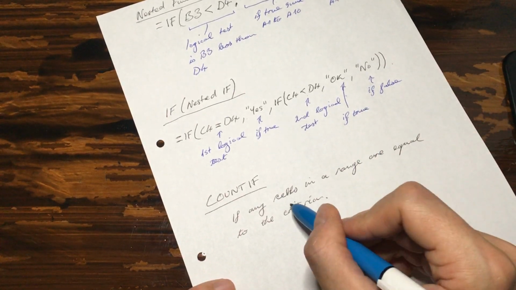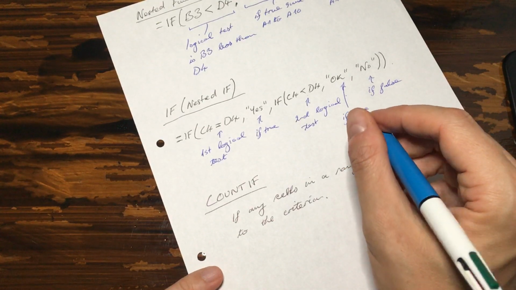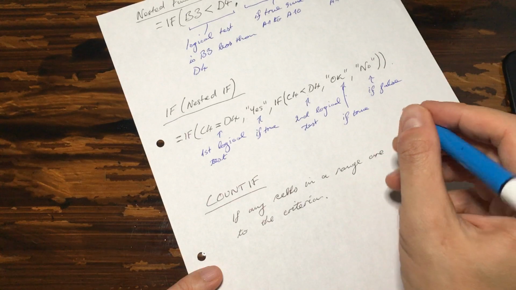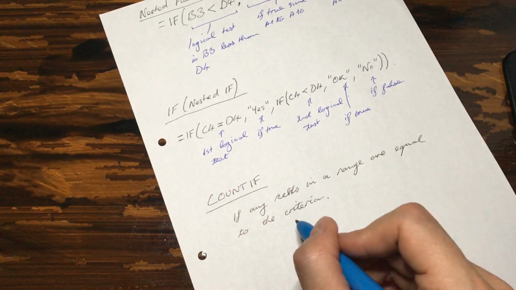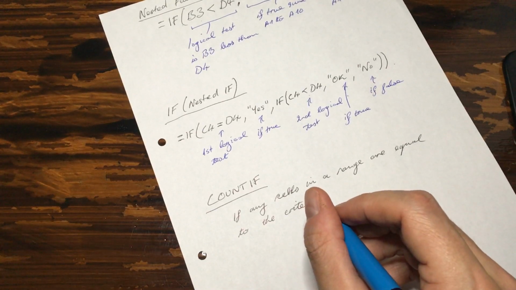So what it does, if cells are equal to the criteria, it'll count them, won't it? Okay, so let's say I do the equals sign then.